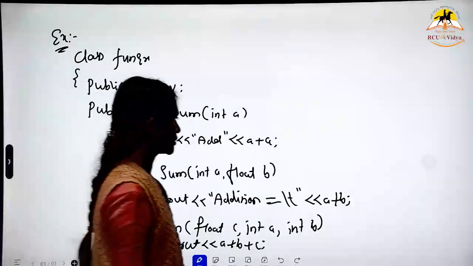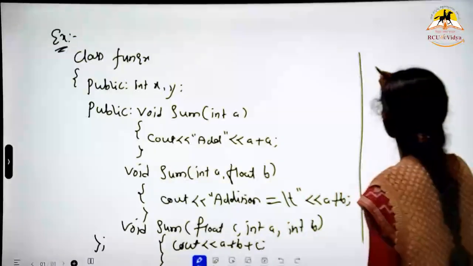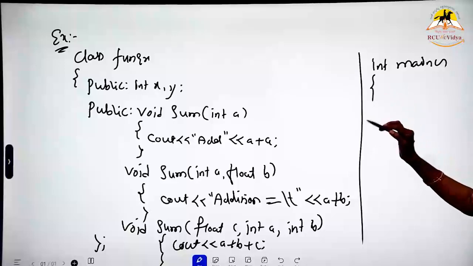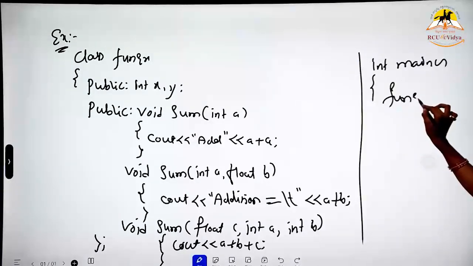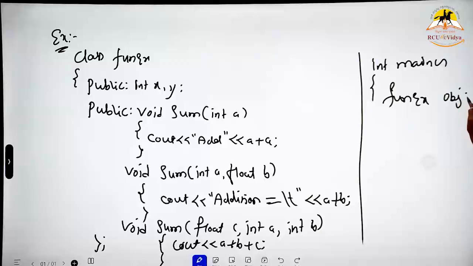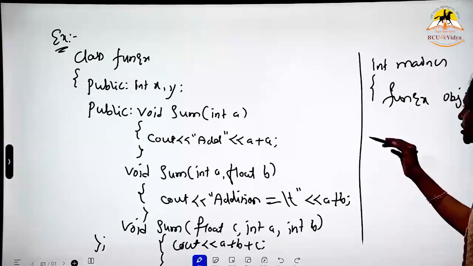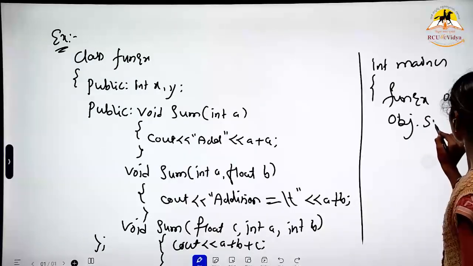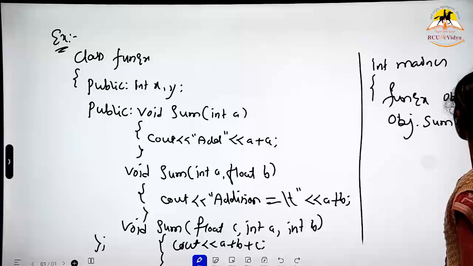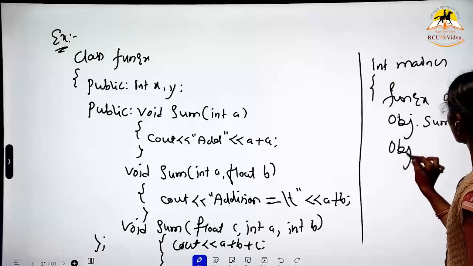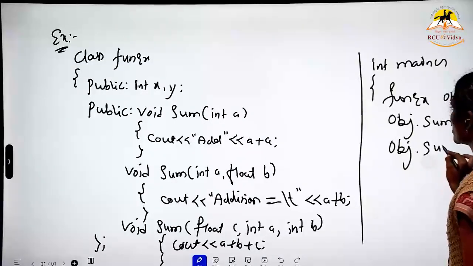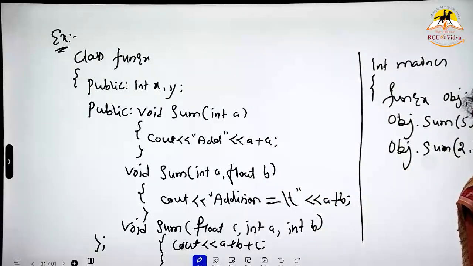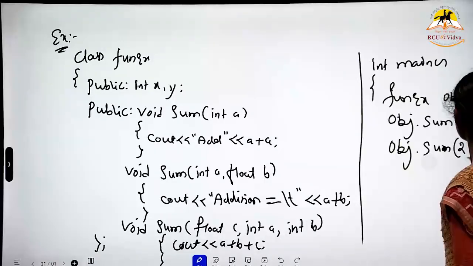Let's create an object. In main, creating the object for the function example class. Then object dot sum, here with an integer, then an integer and float value, 2 and 3.2.